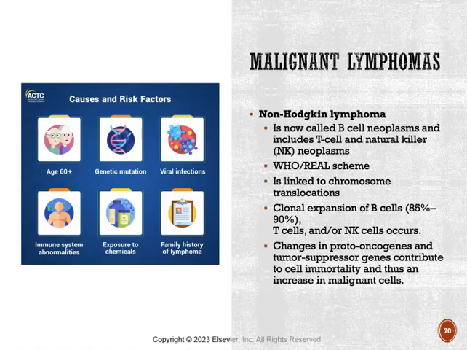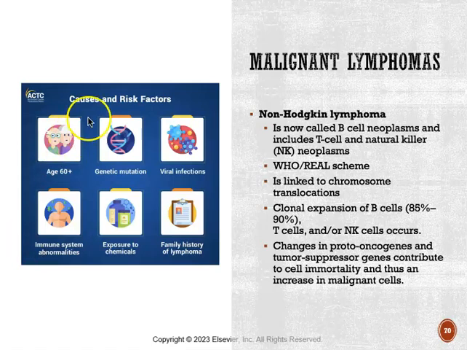So unlike Hodgkin lymphoma, the Reed-Sternberg cells here are absent, and instead we have mutations in proto-oncogenes and tumor suppressor genes that disrupt our normal cell regulation and allow for uncontrolled proliferation of these malignant cells.